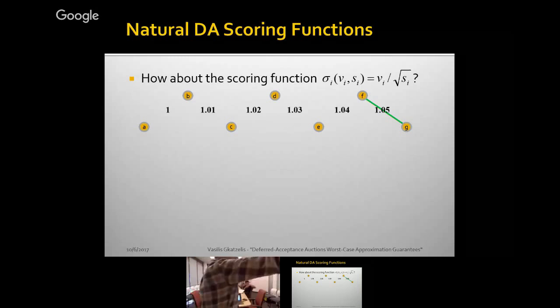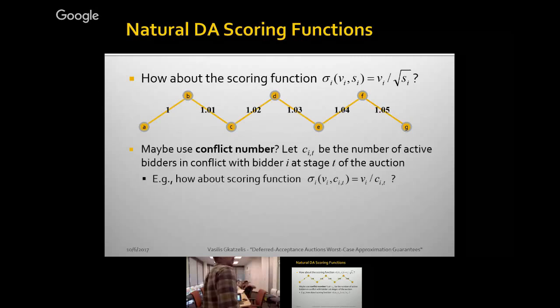So in fact, this kind of path example, we could fix it. Because if you look at it, one stupid thing that I did is I just look at the value and the square root of the size. Clearly the people on the ends are not causing as much conflict as the people in the middle. People in the middle essentially are causing two conflicts. So you could somehow use the conflict number in your score function.